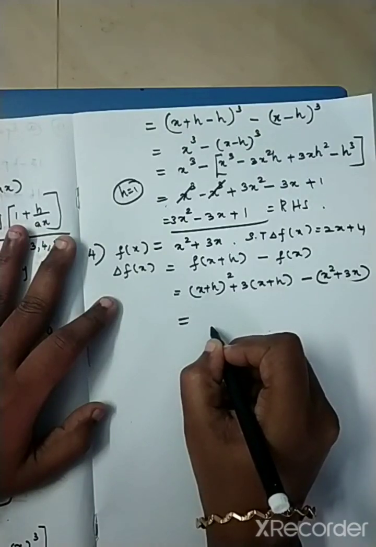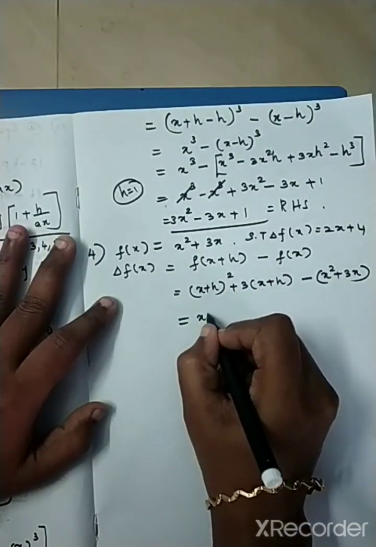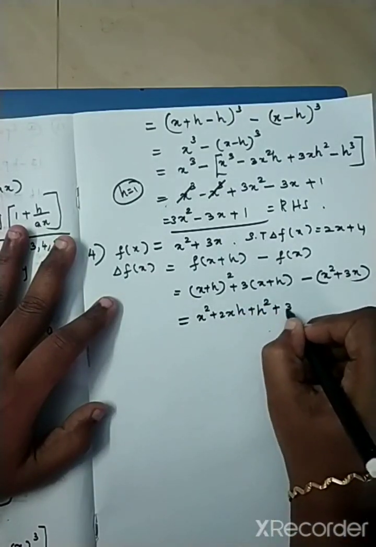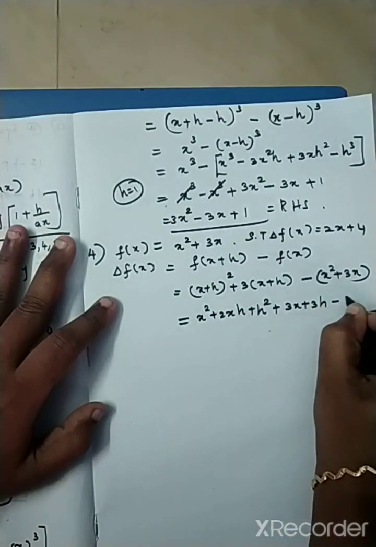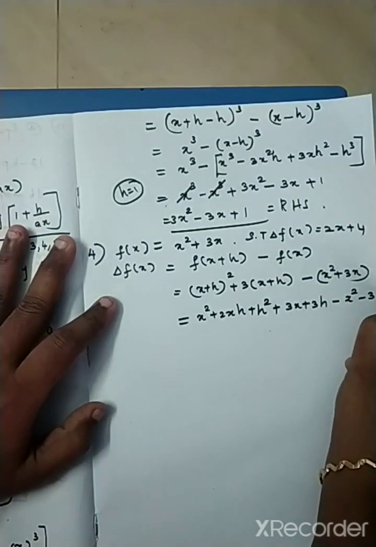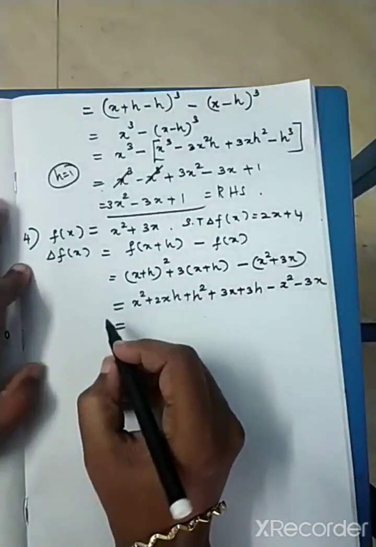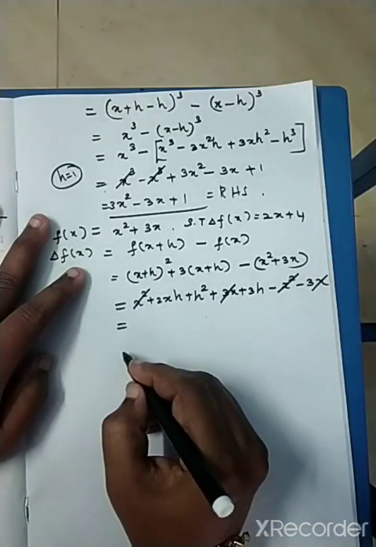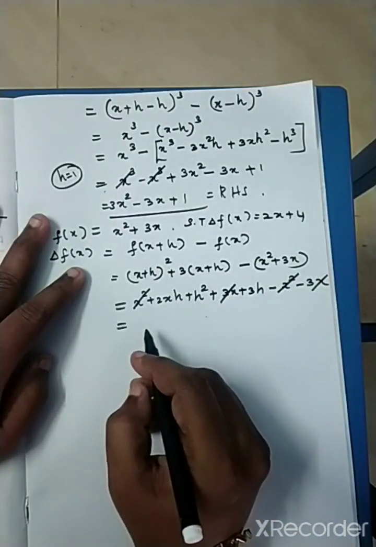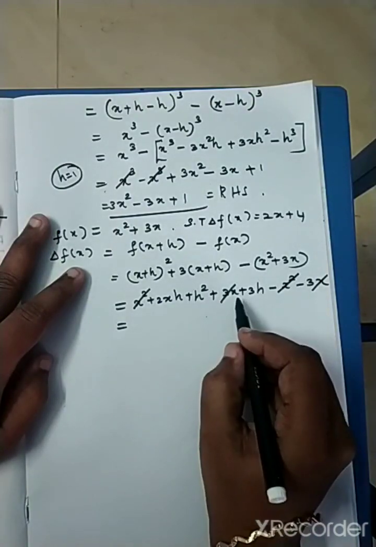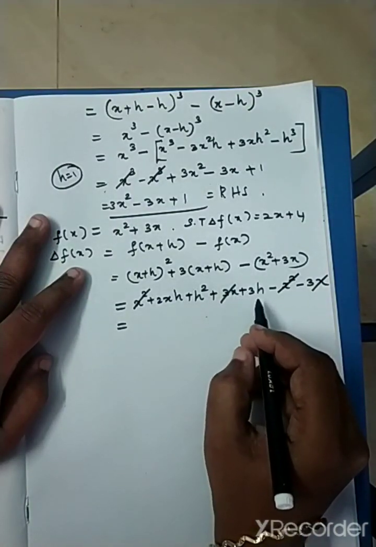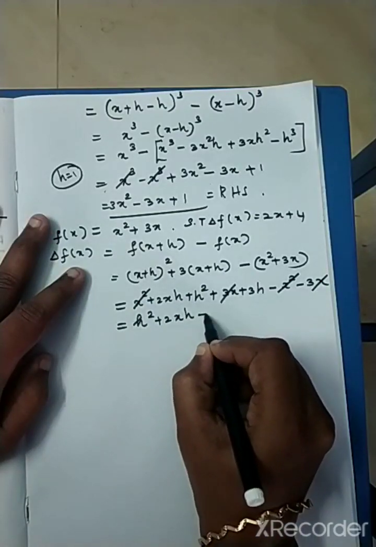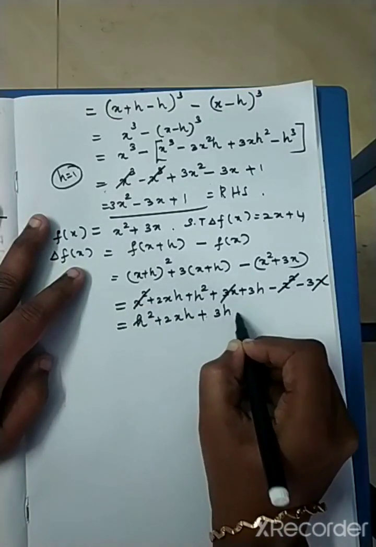Okay. Now what will happen? This is nothing but I will expand and I will remove the bracket. I will remove all in one go so that I can cancel it easily. This 3x and this 3x will get cancelled. I will be having only these 3 values, that is my h squared plus 2xh plus 3h.